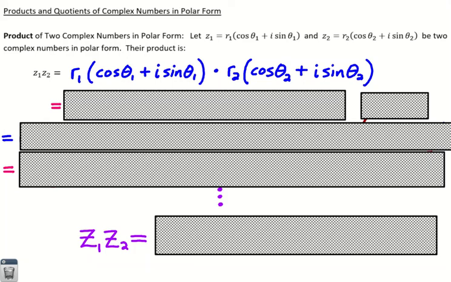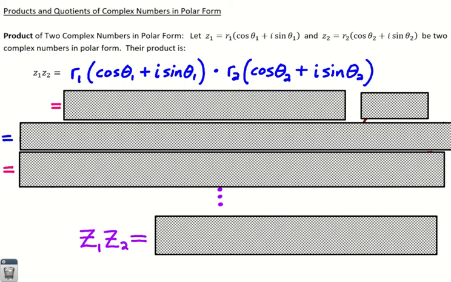Next, we're going to keep the ball rolling with this polar form stuff, and we're going to investigate, what if we had, for example, two numbers that were in polar form? How would we find the product?